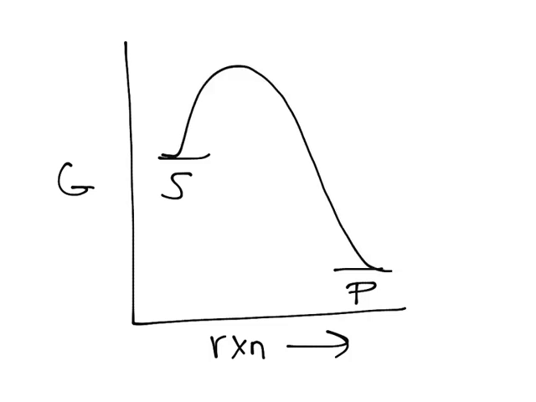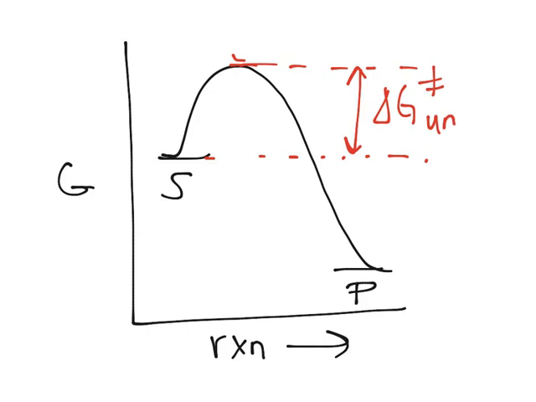So if I drew another picture here with free energy, another reaction coordinate diagram, and reaction progress on the x-axis, I'll show another thermodynamically favorable one. In this case, this might be the activation energy, delta G double dagger, of an uncatalyzed reaction, whereas in the presence of an enzyme, so here we go.